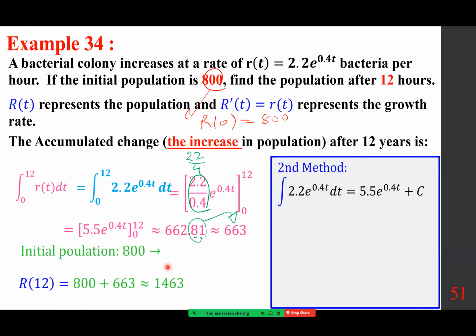Now, here's the second method. The second method is to integrate this. We already know how to integrate this. The answer is 5.5 e to the power 0.4t, and we add a constant. So that's 5.5 e to the power of 0.4t plus a constant. That's capital R of t, okay? So what happens is, we know the initial value is 800.